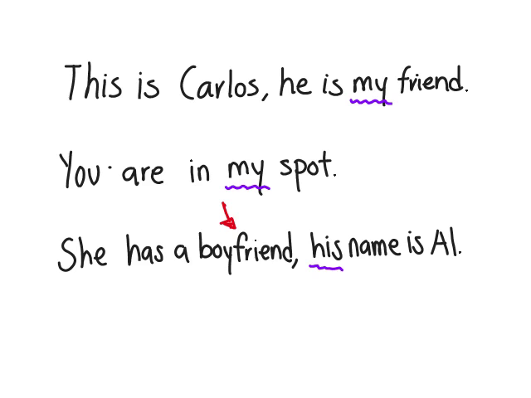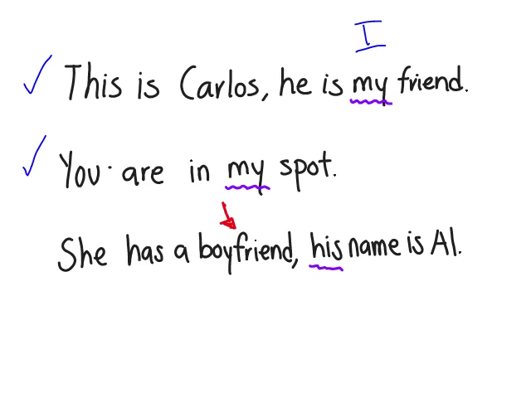Example number 1, this is Carlos. He is my friend. Okay, referring in this case to I, because there's a relationship between Carlos and you, so we have to use my.